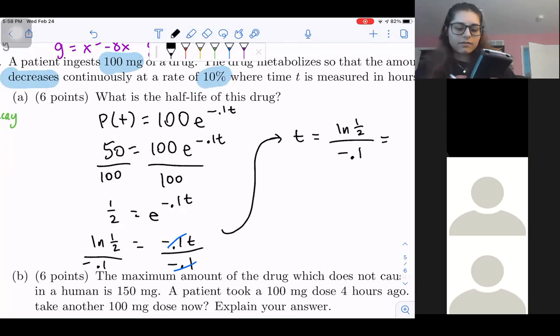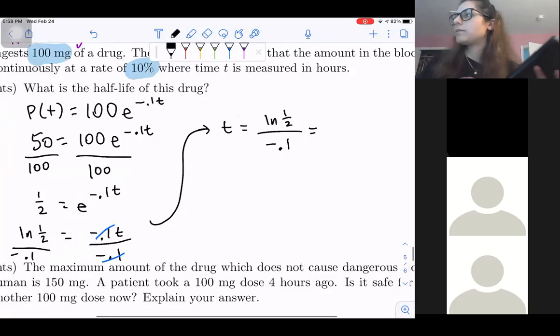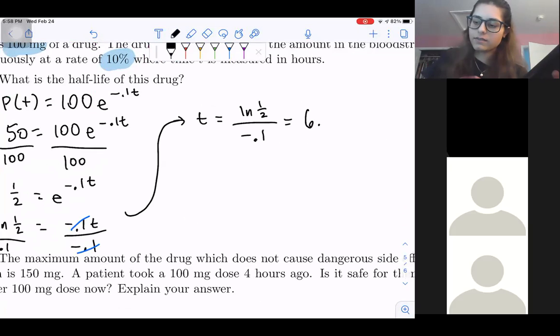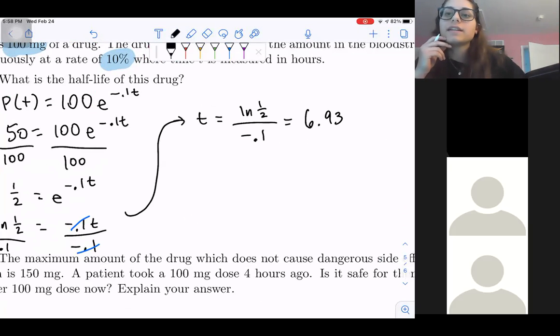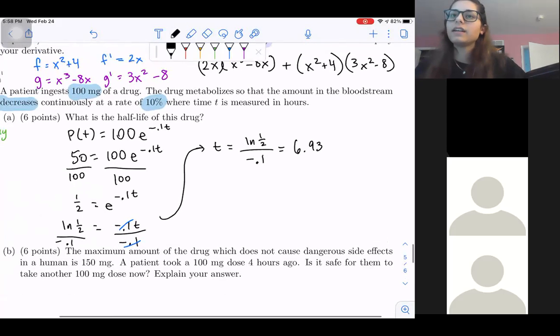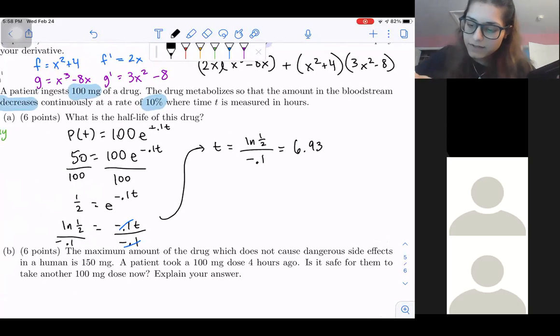If I calculate that, I get about 6.93. So if it was increasing by 10%, then our rate here would be a positive 0.1. So increasing, positive, decreasing, negative.